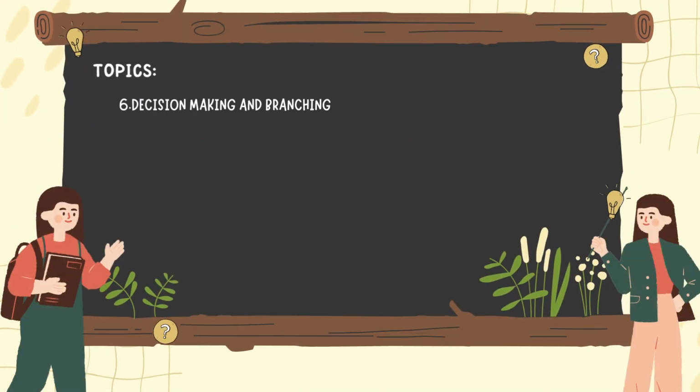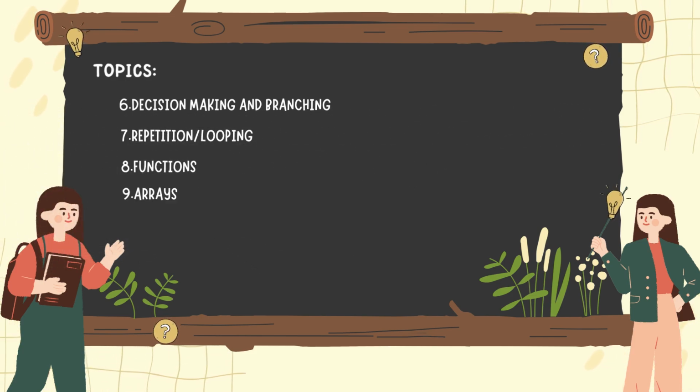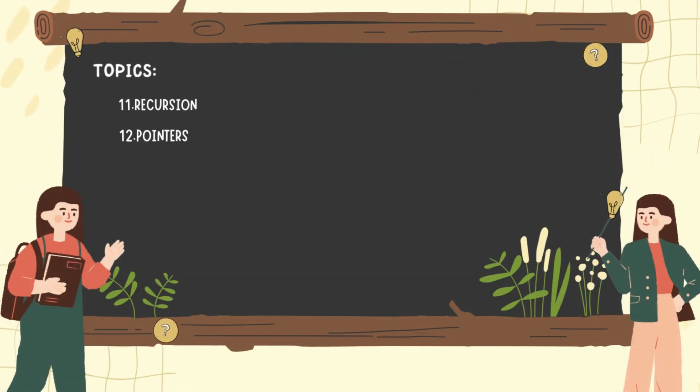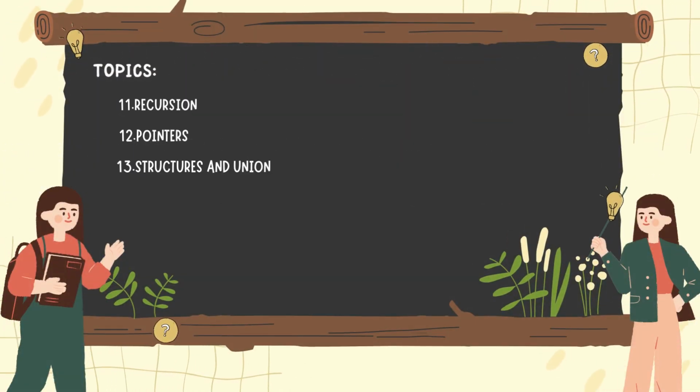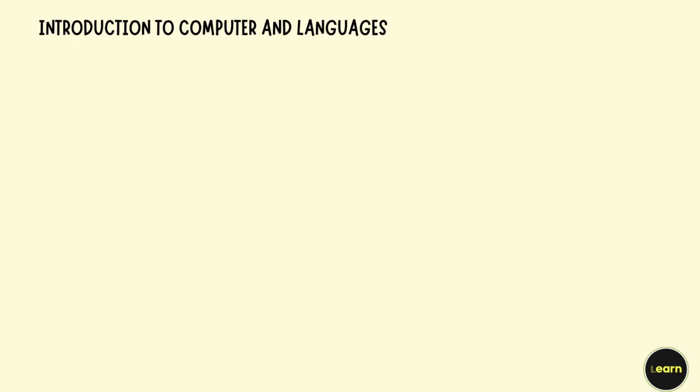Decision-making and branching, 7. Repetition or looping, 8. Functions, 9. Arrays, 10. Strings, 11. Recursion, 12. Pointers, 13. Structures and union, 14. File handling, 15. Preprocessors, 16. Introduction to data structures. Now let's start our first chapter.